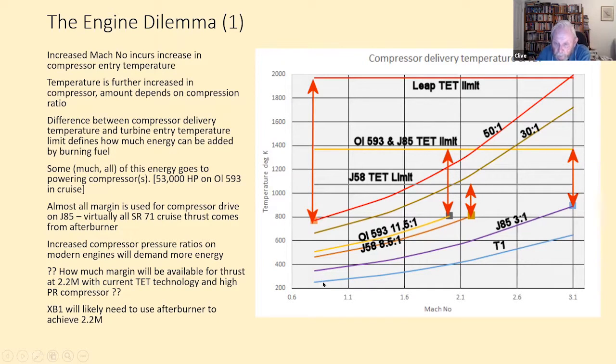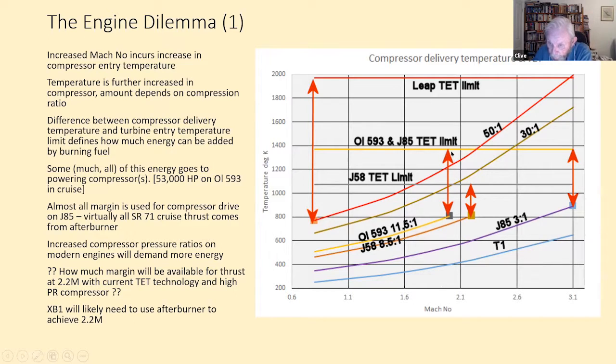As you increase in Mach number, the entry temperature at the front of the compressor face is going to increase steadily. It's further going to increase as it goes through the compressor. And so, as on the Olympus, you'll find that the compressor delivery temperature, this is in K, by the way, not in C, is a point.